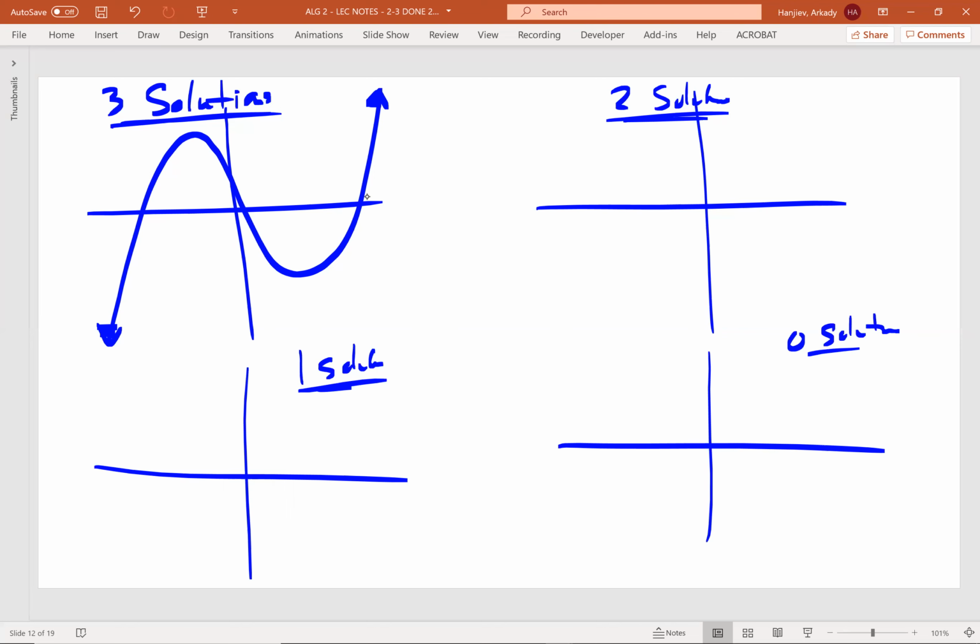All right, anybody want to volunteer their 2 solution graph? It only touches on the second curve. I'll let you say it, but then the other Noah, go ahead, Bobby.